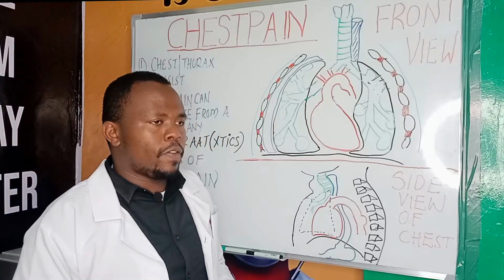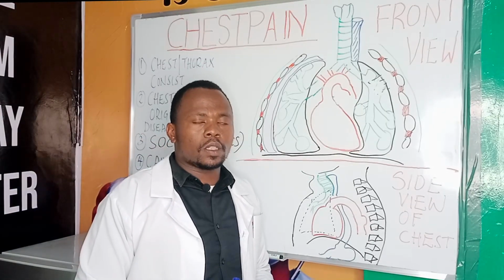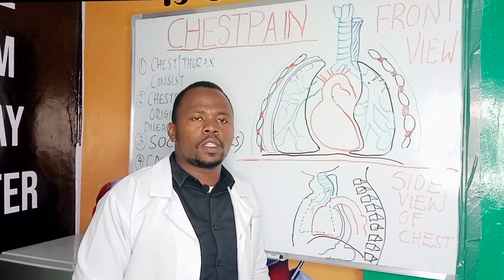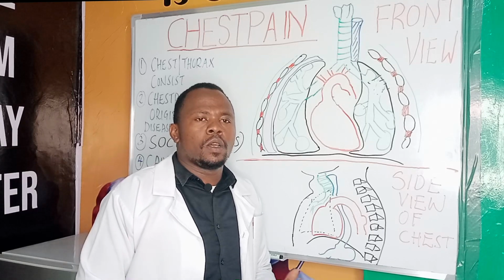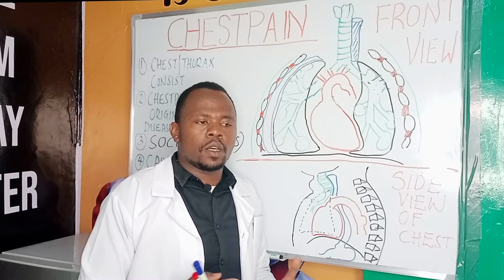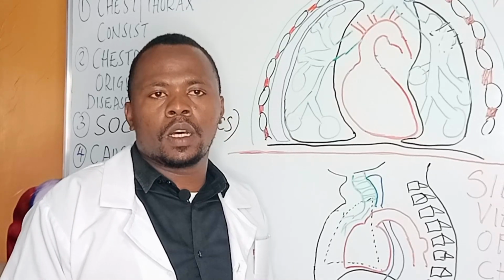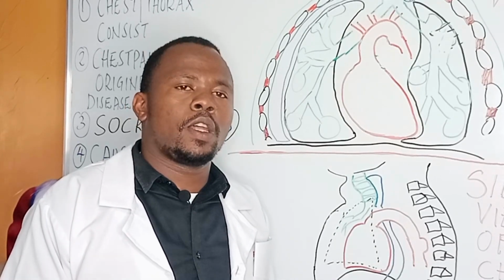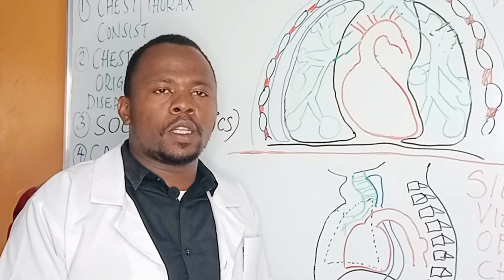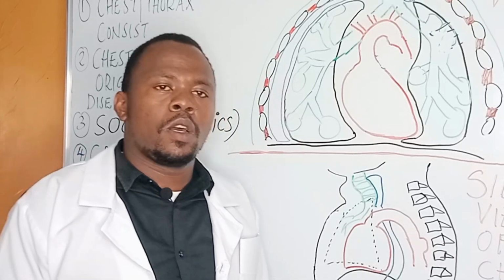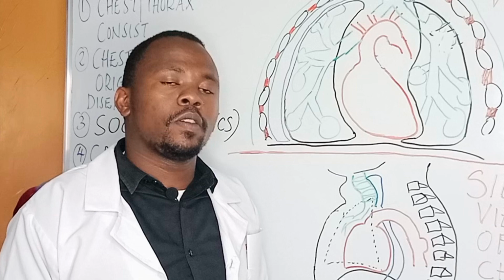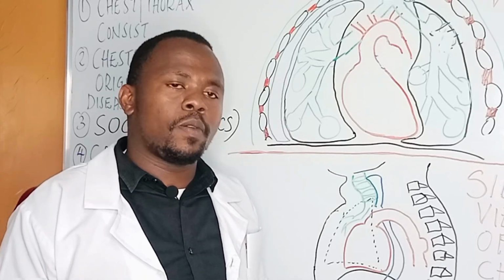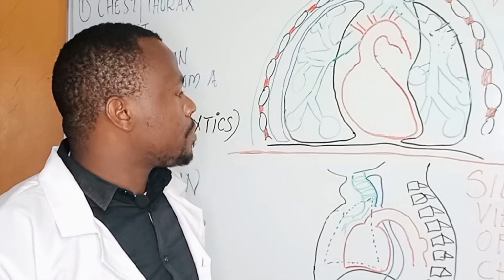And also, for us as doctors, we are able to differentiate chest pain by associated symptoms. This means that the associated symptoms of chest pain caused by the lung may be different from the associated symptoms that arise from the heart.